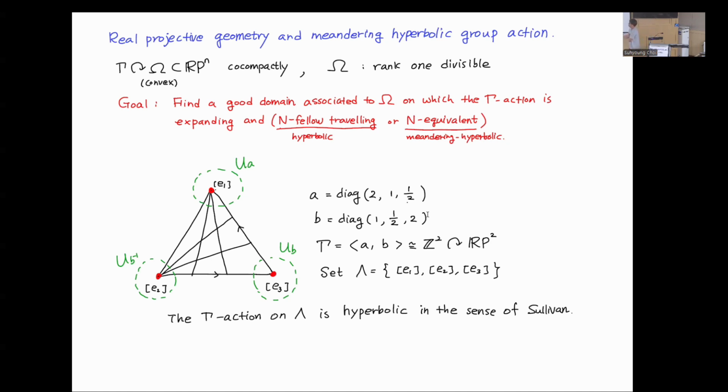So this action is actually a hyperbolic action in the sense of Sullivan. That means if you perturb this one, you can still get an action like this. So this is the basic example for studying convex co-compact group actions in real projective geometry.